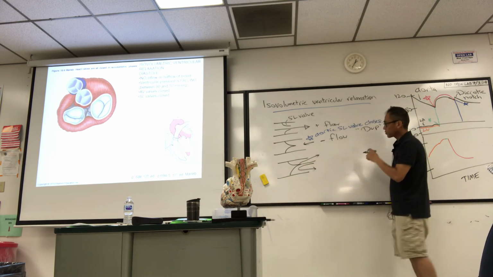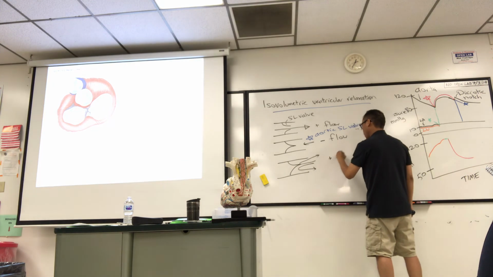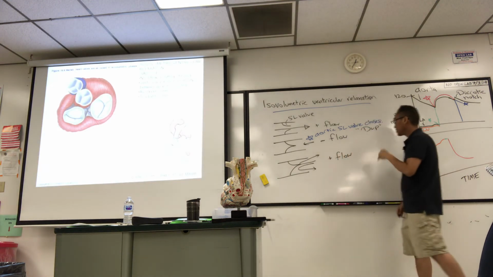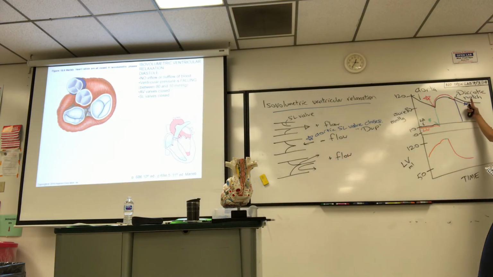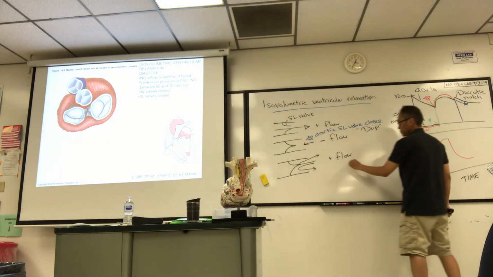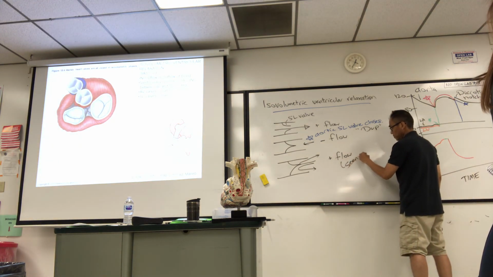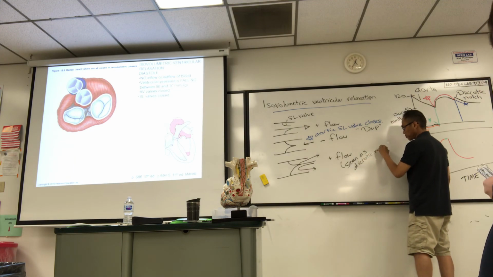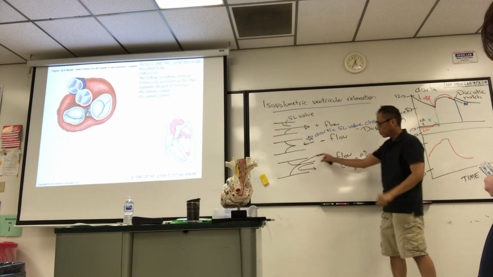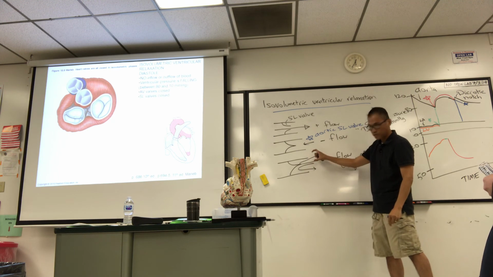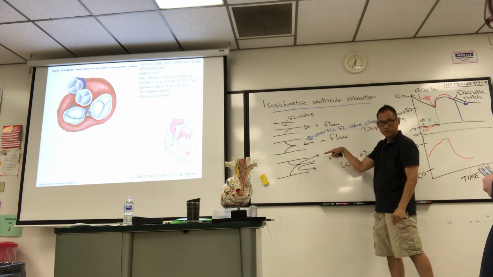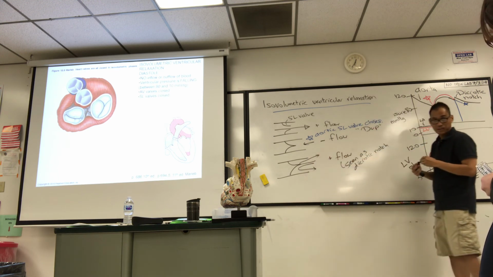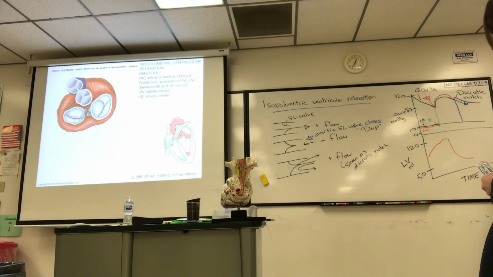And that quick reversal restores the positive flow, but it also creates that dicrotic notch. Because that blood makes the vessel kind of twitch a little bit, and you get that quick reversal, that little turbulence. And it creates the dicrotic notch.